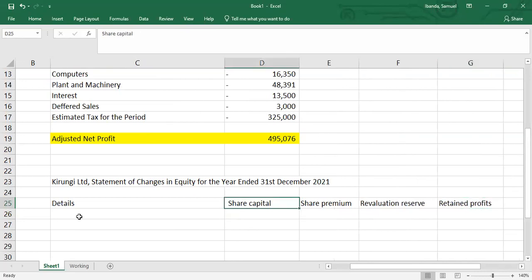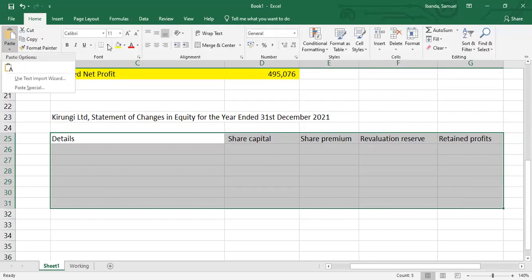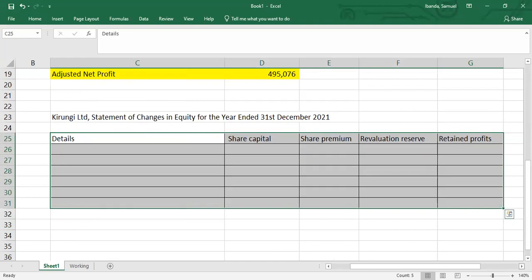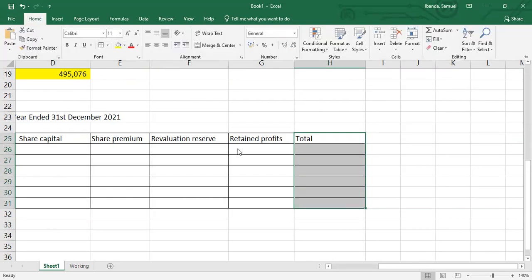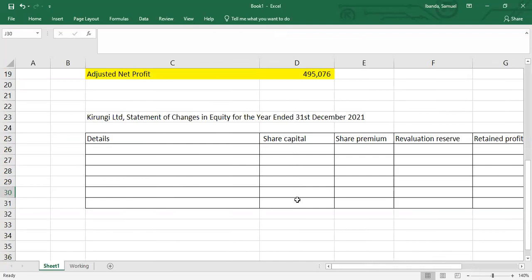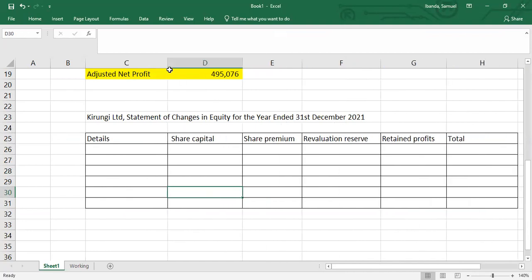Once you have that, you also have your total column. It's good to have the total column here, okay? As simple as this. In most cases, if it's a small company, small companies don't have things like share premium or revaluation reserve.